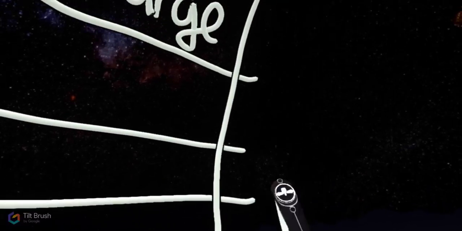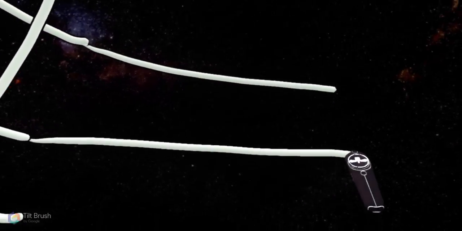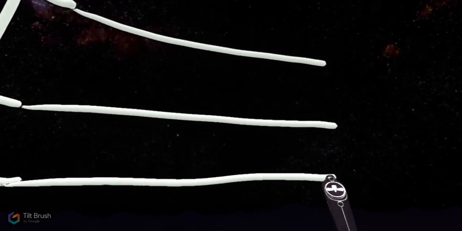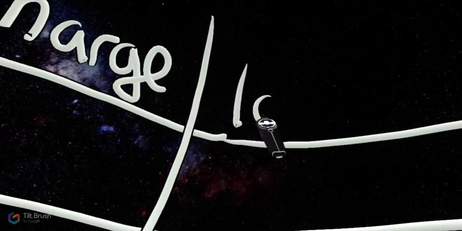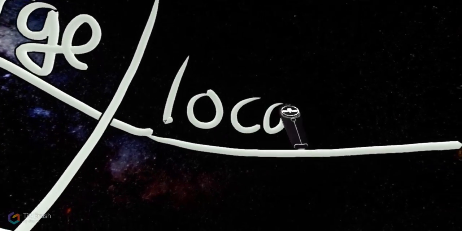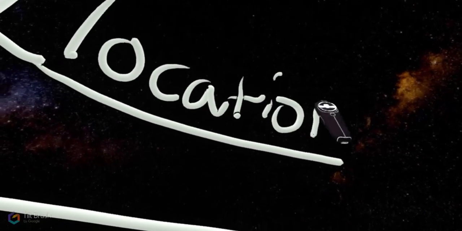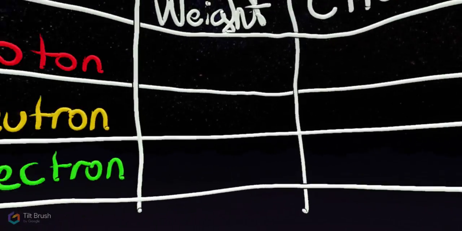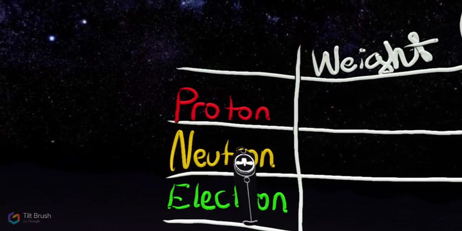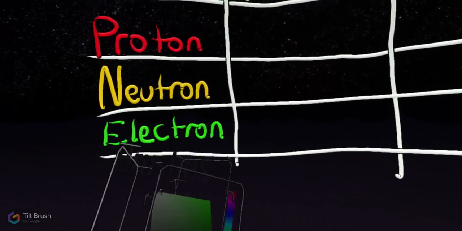And we're going to talk about their location. All right, so let's review just a little bit. Every single atom in the entire planet is made of protons, neutrons, and electrons.